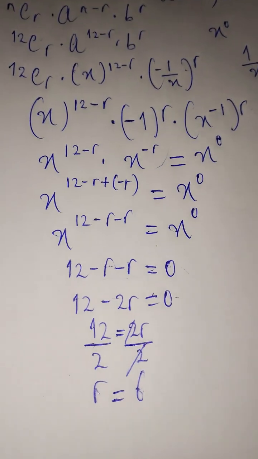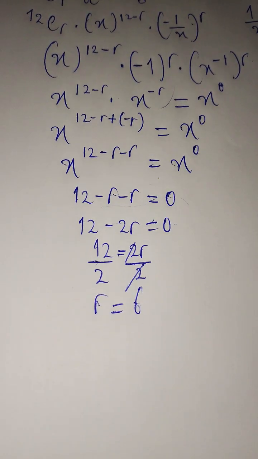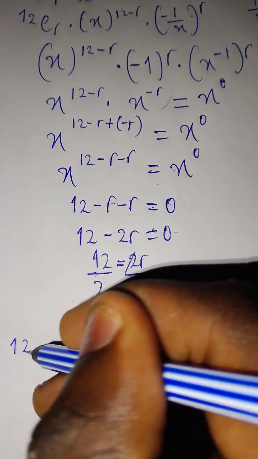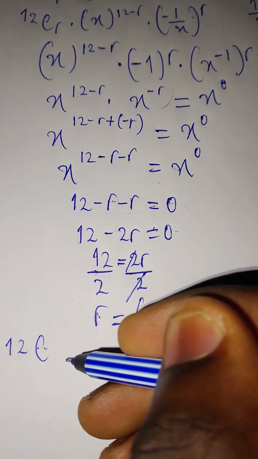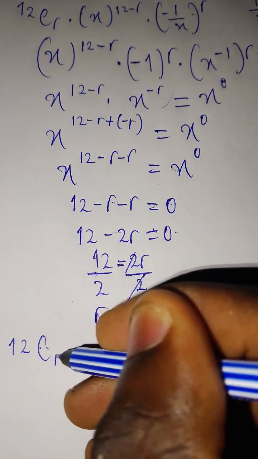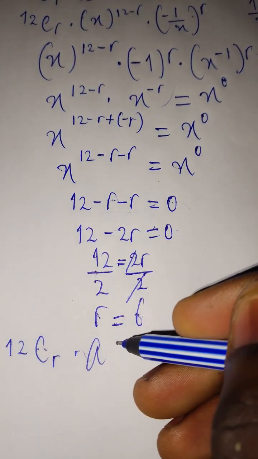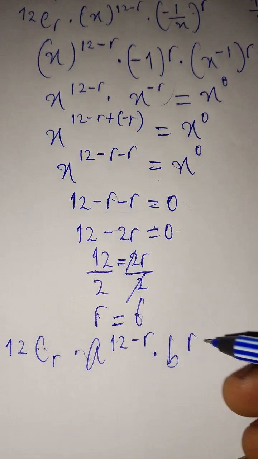Since we now know the value of r, we're going to substitute this value in the first expression which we had. So we're going to say 12 combination r, multiplied by a^(12 minus r), multiplied by b to the power r.